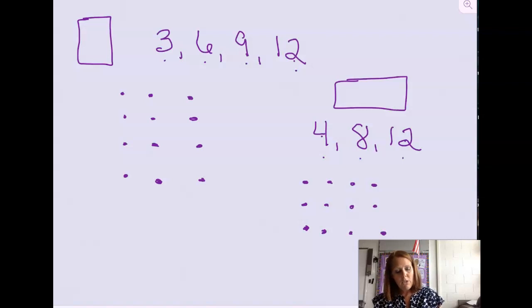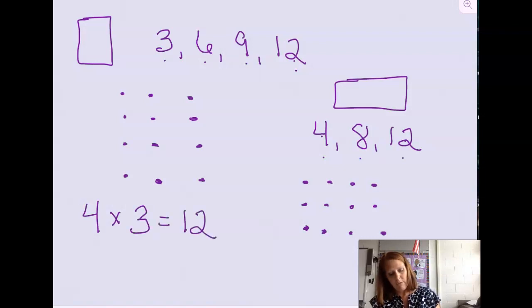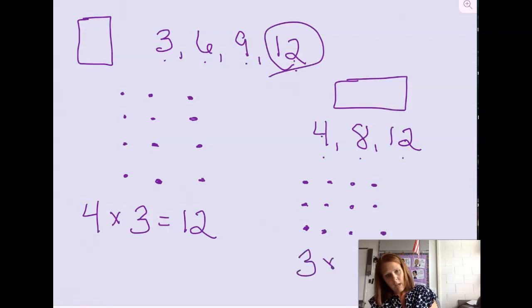Now, if we come back to our first array and we write a multiplication equation to match this, we have 4 rows times 3 in each row, each group, and we get a total of 12. We know our total because we counted it up here. Over here, we have 3 rows times 4 in each row.